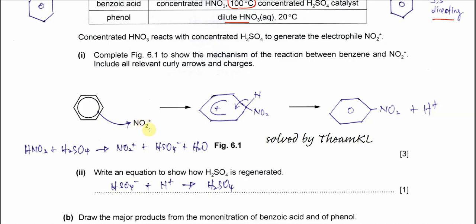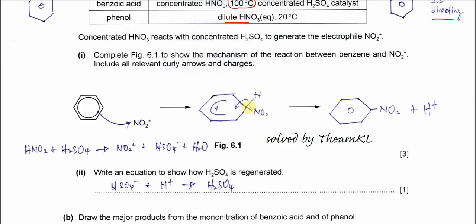After that, you need to draw this intermediate. In this intermediate, you should show the CH bond and the CN bond, meaning the carbon with this nitro group. So it shows that the new bond forms between the C and the N.